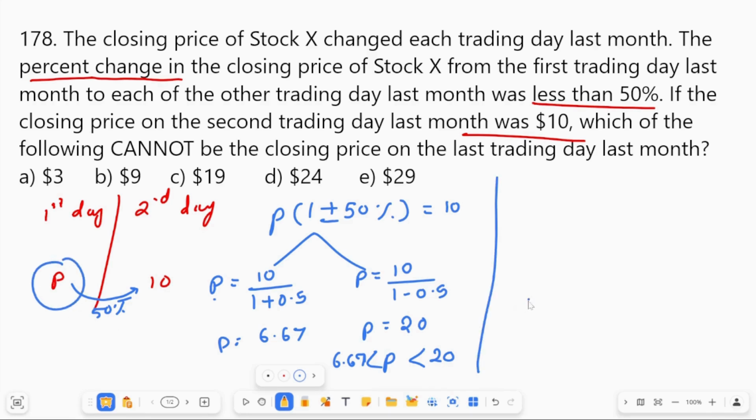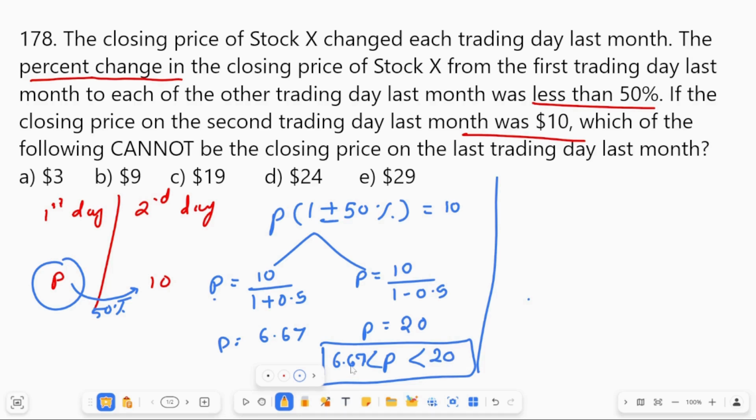We are asked to find out what was the closing price on the last day. The price is anything in between these two numbers on the first day. If I take the extreme change in this possibility, we will get the closing price on the last day. Meaning, I am going to decrease the lowest possibility by 50% and increase the highest possibility by 50%.